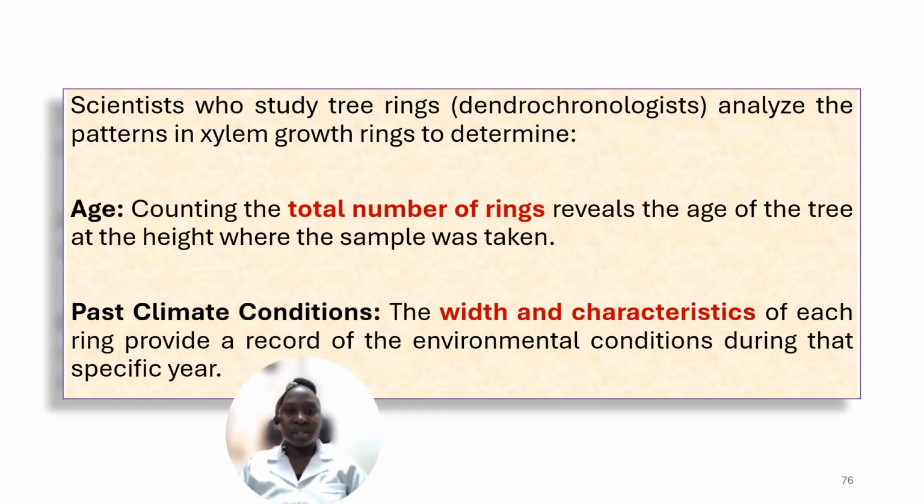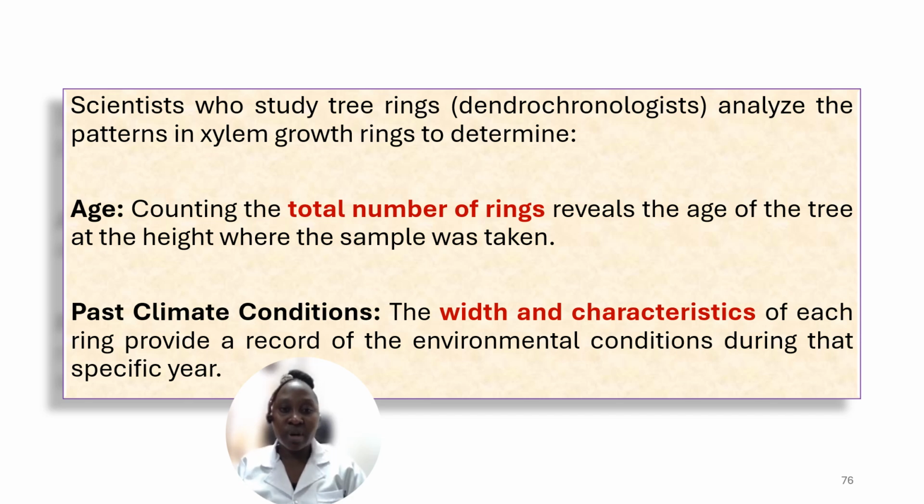So scientists who study tree rings, also known as dendrochronologists, analyze the patterns in xylem growth rings to determine age by counting the total number of rings. So by counting the total number of annual rings, the age of the tree at the height where the sample was taken can be determined.